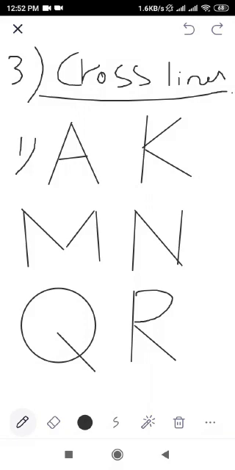Then in letter V, we use the two cross lines. Write this, V, right? Then letter W. In letter W, we use the different cross lines. 1, 2, 3, 4.